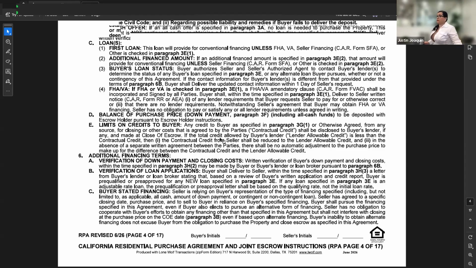We're just letting everybody know up front. Doesn't matter if it's FHA or VA, unless we already agreed to something in writing ahead of time, seller is under no obligation. We just want to make that clear from the beginning.